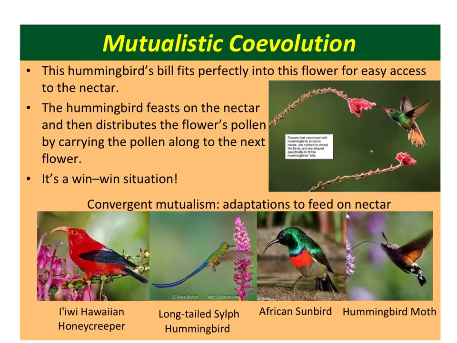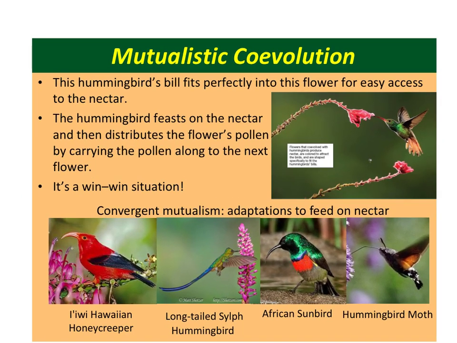Okay. And then mutualistic coevolution. We've seen this before, but we've got hummingbirds and insects do the same thing. So plants make flowers that are very easily detected.